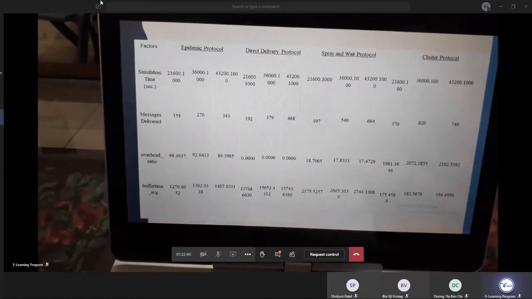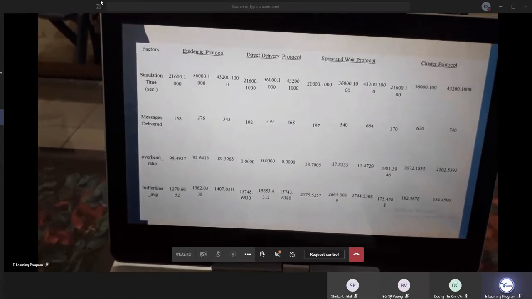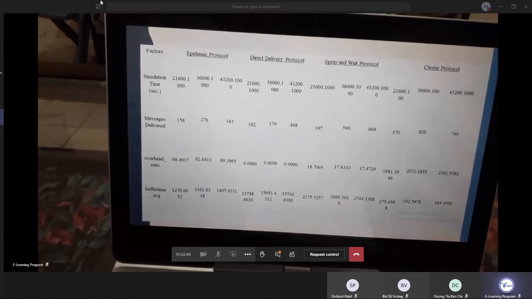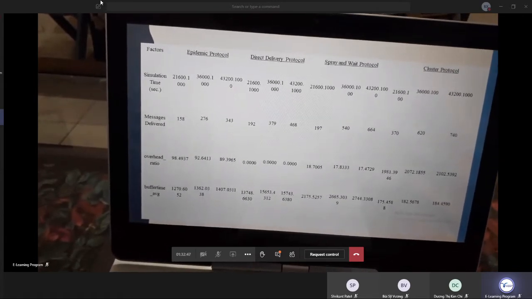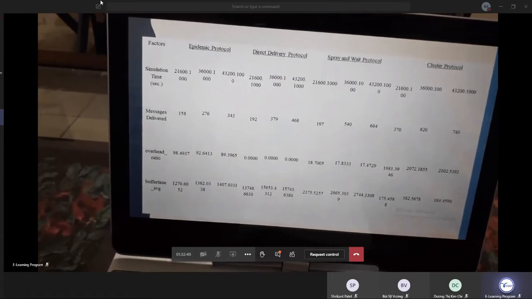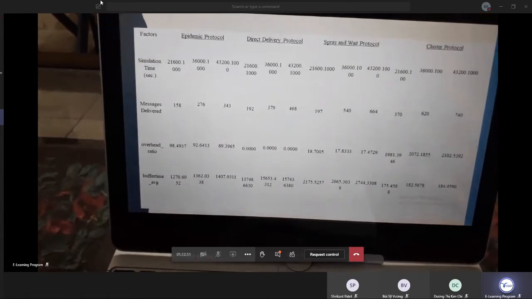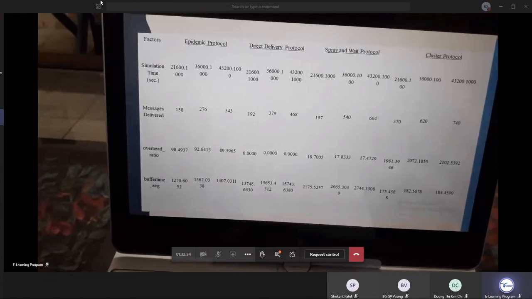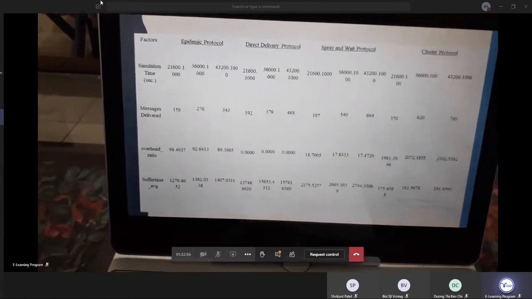Again, different simulation times are used, and accordingly different message delivery, packets, overhead ratio, and buffer average time are produced by the tool.